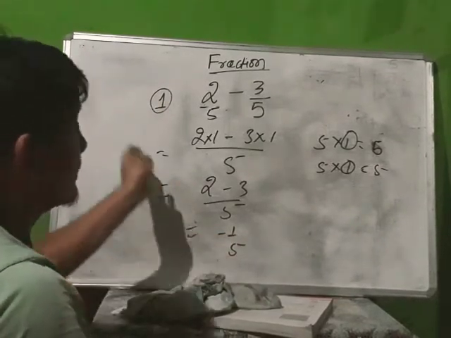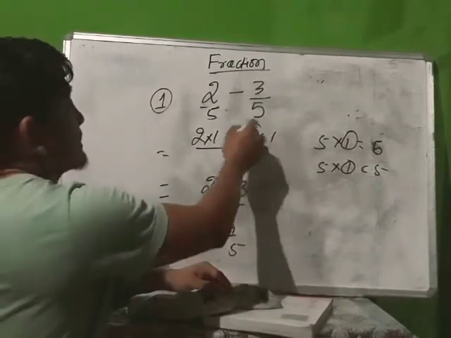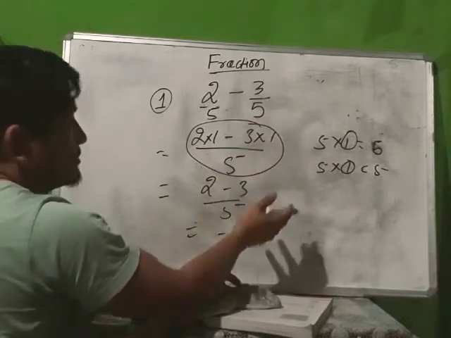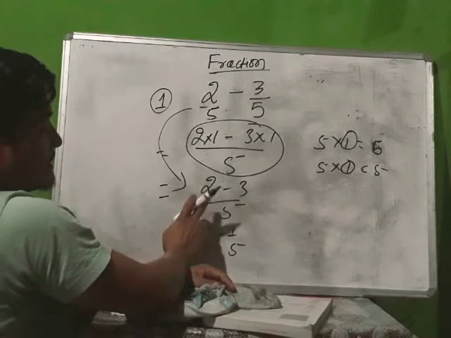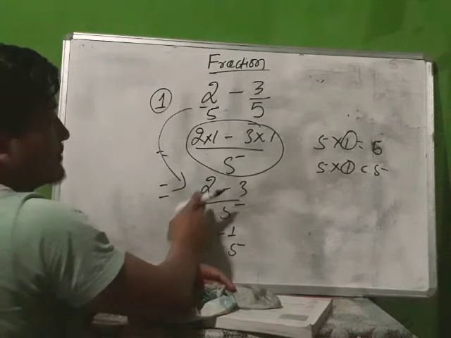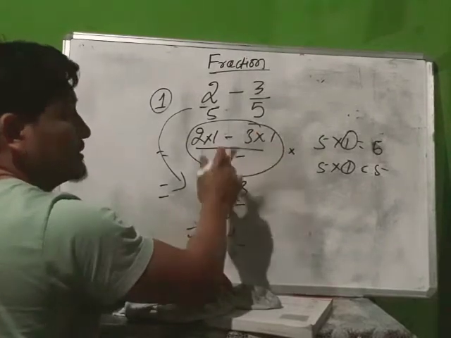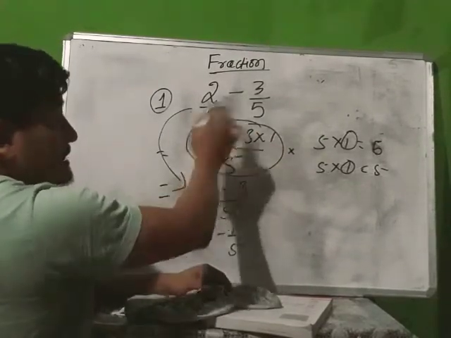If you skip this step, that will be okay. If you don't want to do this step, that will also be okay. We can just jump into the second step. No need to use this step. You can skip the step in this case only if the denominators are the same.